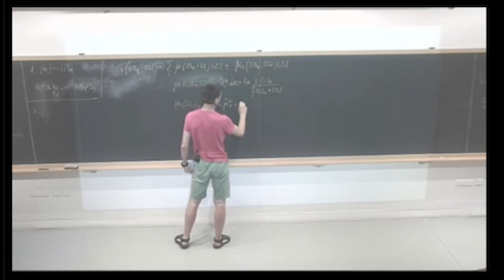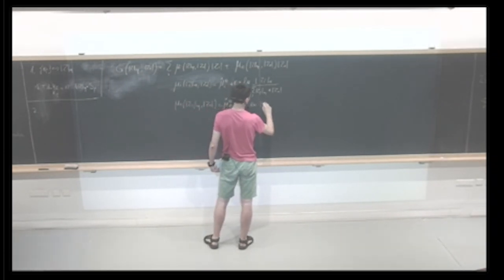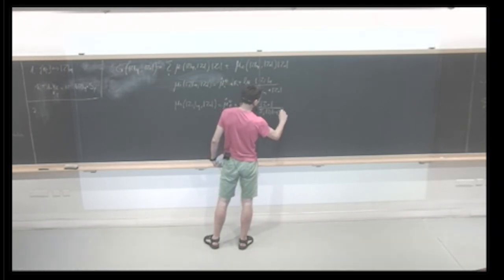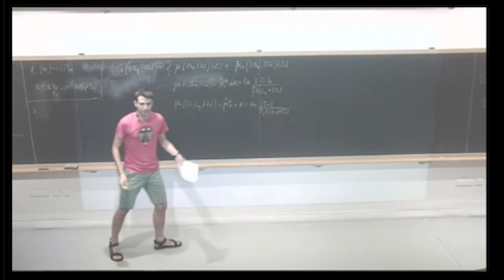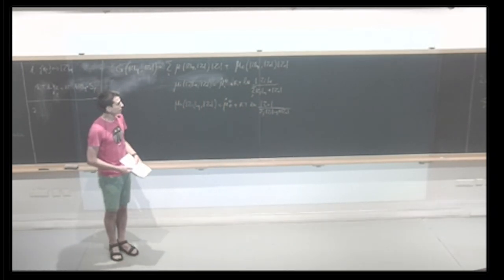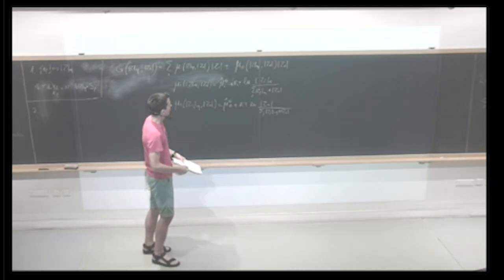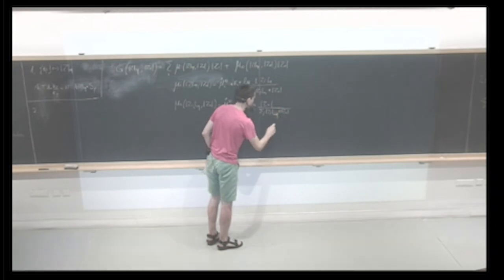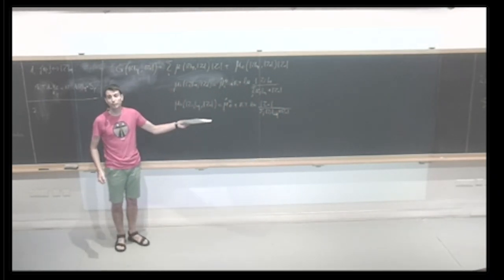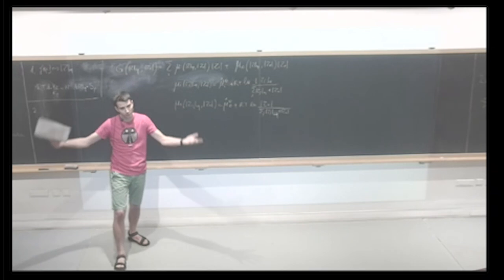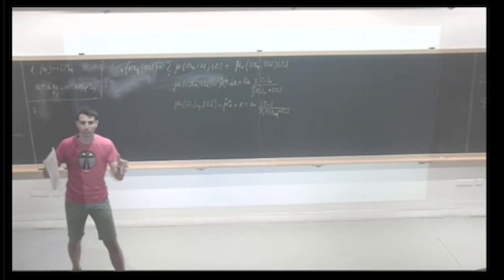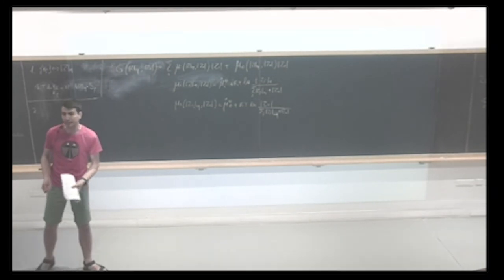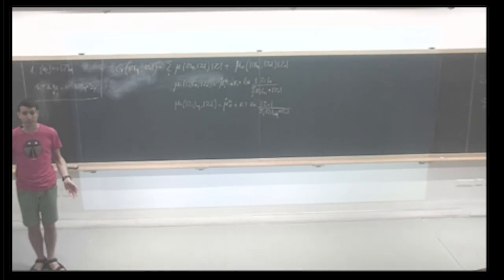This is mu 0 solvent plus RT log Z0. Equilibrium. All right. Okay. If you're not familiar with this, just let's assume that this is the expression of the chemical potentials in ideal mixtures.